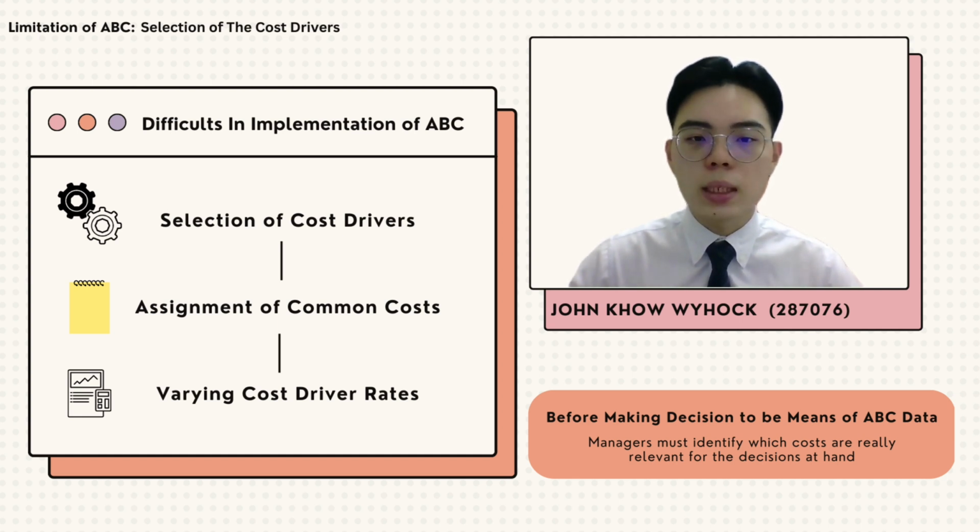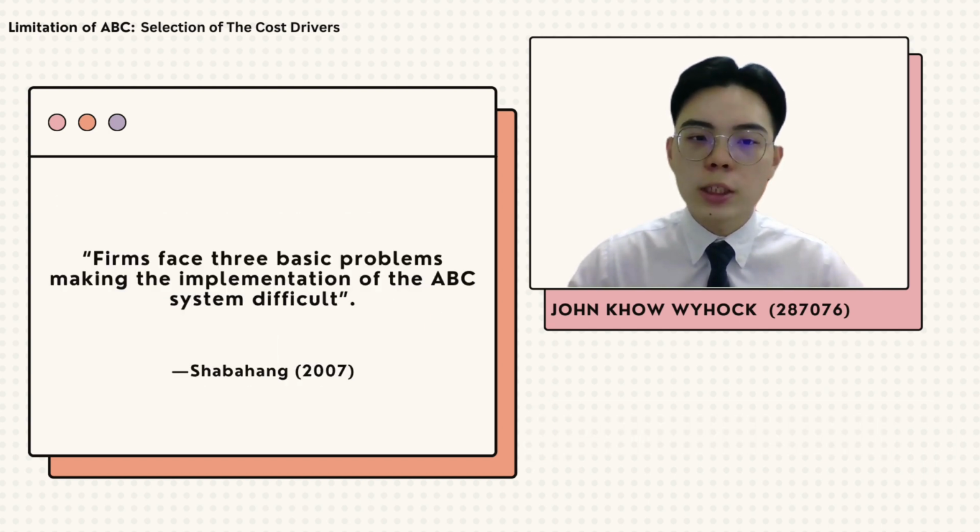Although the ABC system does provide more accurate and better data than traditional costing methods and helps managers make the right decisions, the study of Shabahan (2007) claimed that in the implementation of ABC, firms face three basic problems making the implementation difficult.